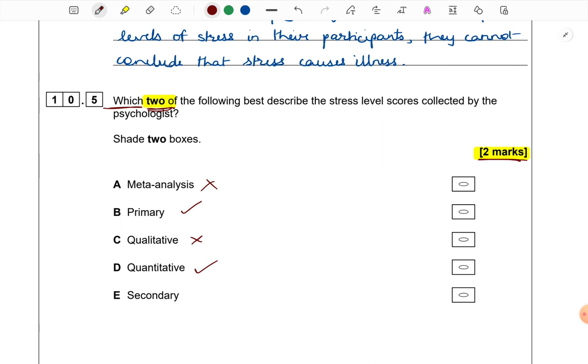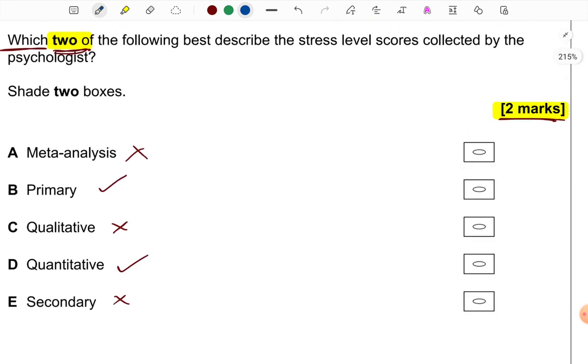In this study, there is no borrowing of data, there is direct collection of data from teachers. So it is certainly not secondary data. So now that finally we have two answers and we are very sure that these are the only two, we simply have to shade in the space given to us next to the alternatives.